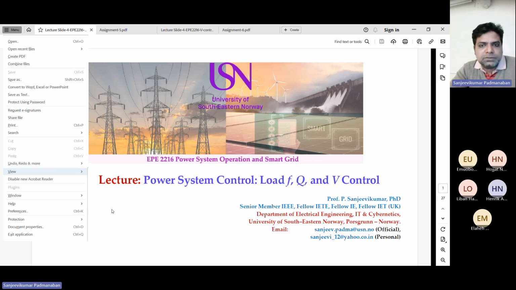We need controllers. What is a control? A control is a combination of gain parameters and integral parameters combined together, which can operate the system for the desired performance when small changes happen in the load, which can cause frequency and voltage variations.